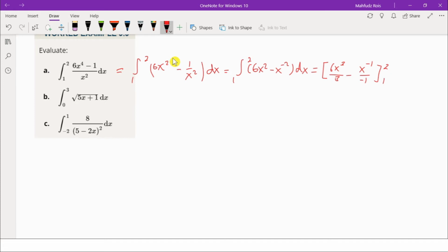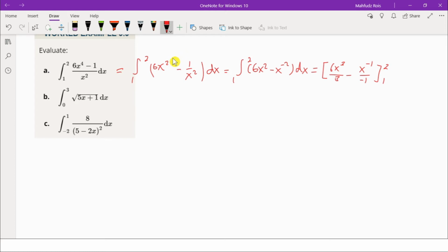And what now is we can simplify this value, or we can directly substitute x by 2 first and then subtract the value at 1. But it's up to you.